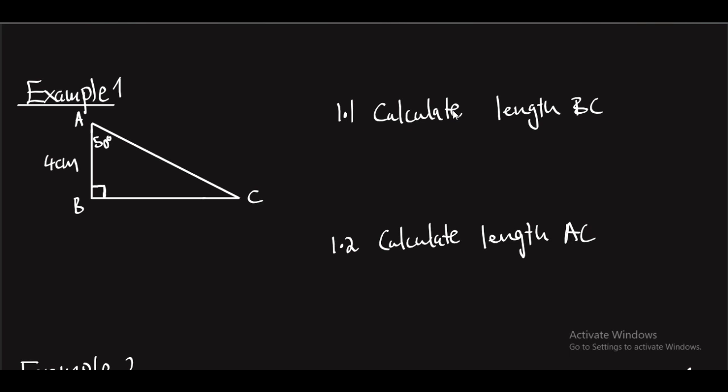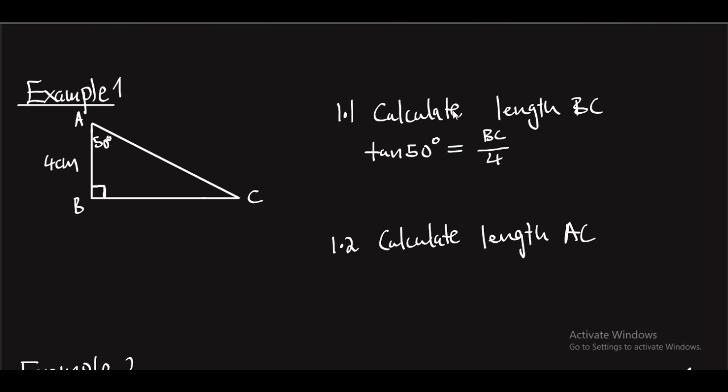So I would have opposite over adjacent, which is tan. So I would need to use tan. So this is the relationship. I would say tan of 50 degrees equals BC over 4 centimeters.